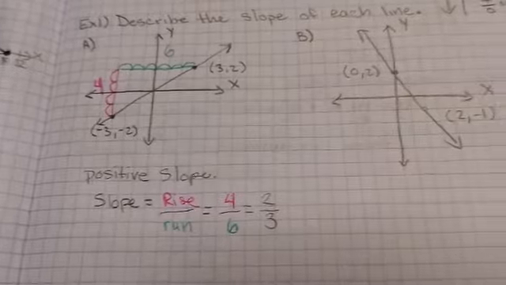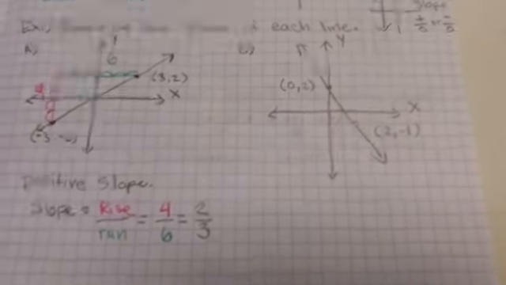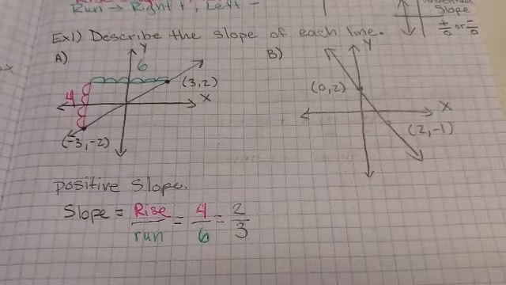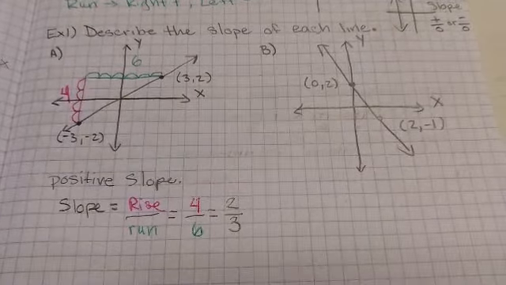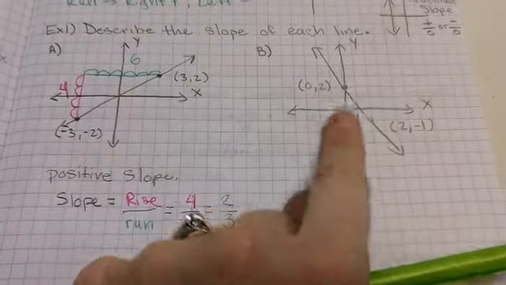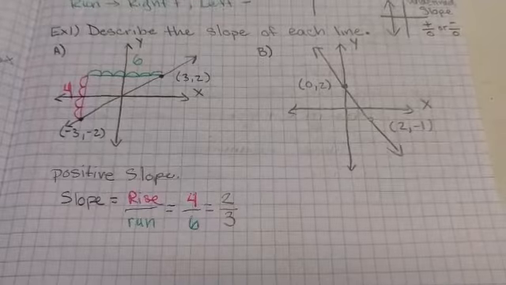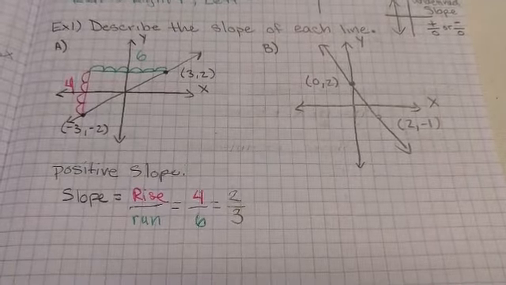So I want you to try B. On B, we have this point of 0, 2. Right here, we have the point 2, -1. First I want you to decide what kind of slope you have.